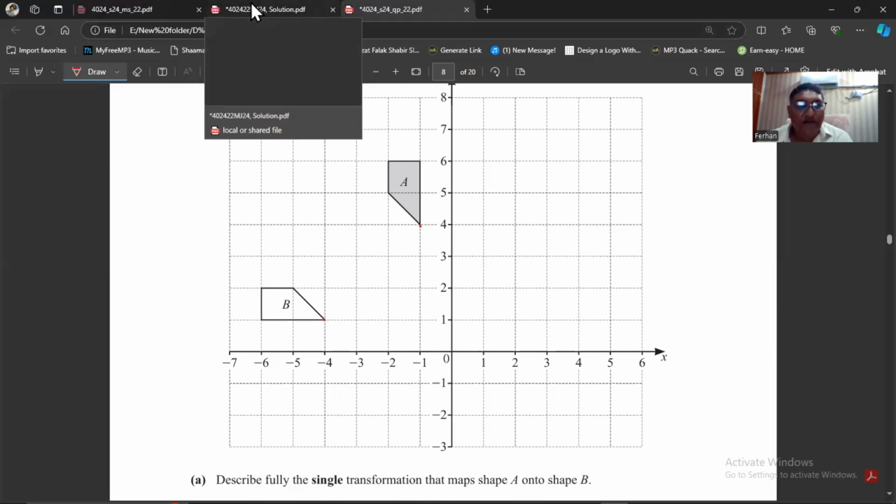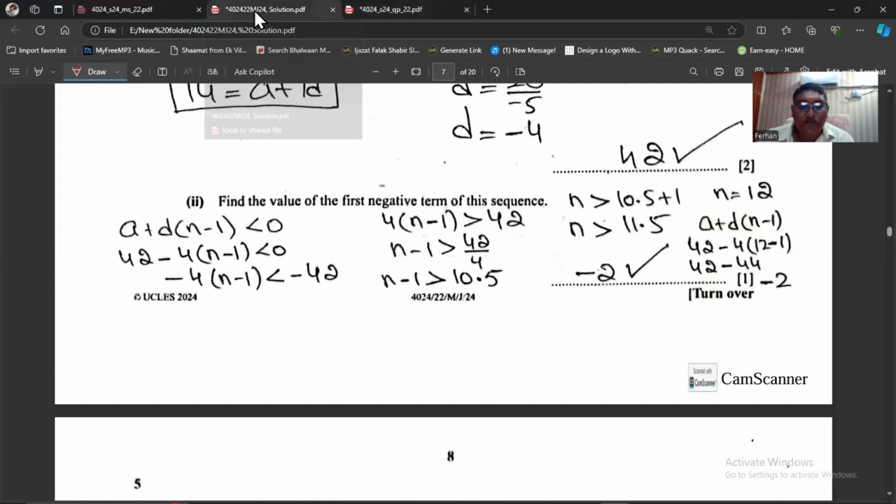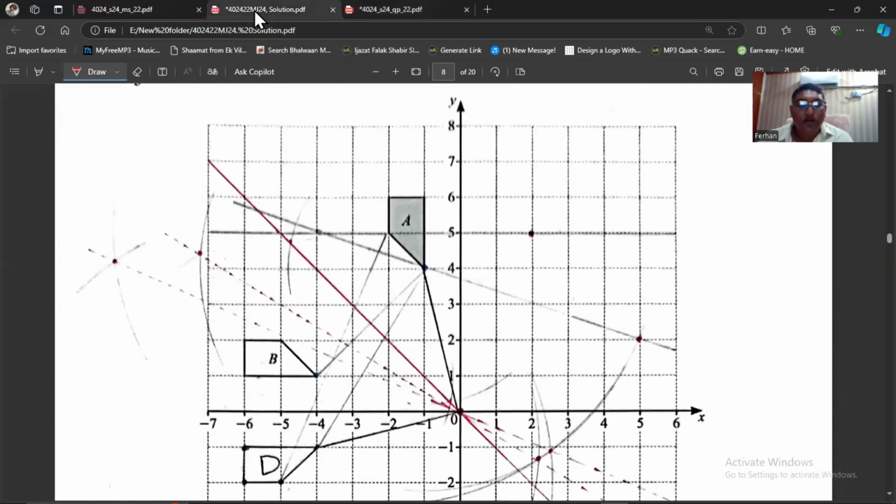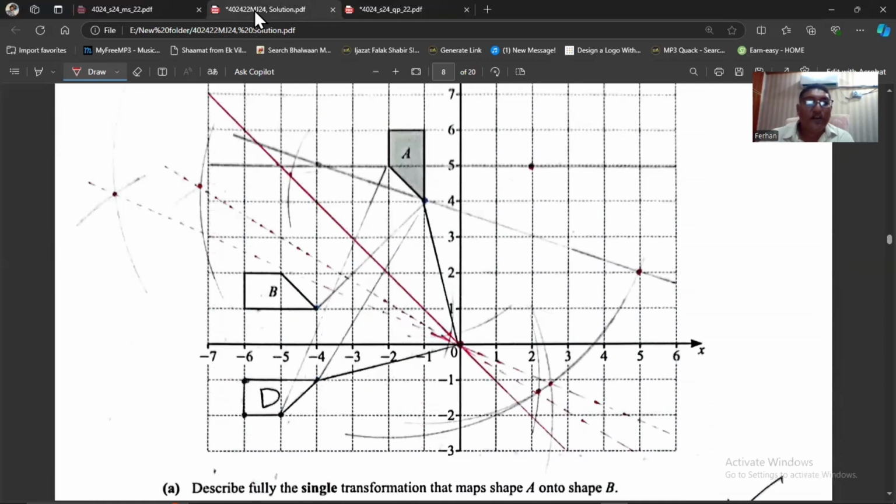Let me show you. I have done this. So here we go. So I will join this point and this point with each other. You can see this straight line. Then I will open my compass more than half of this line, and I will draw this arc, and I will draw an arc here.